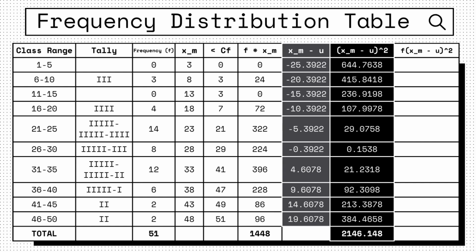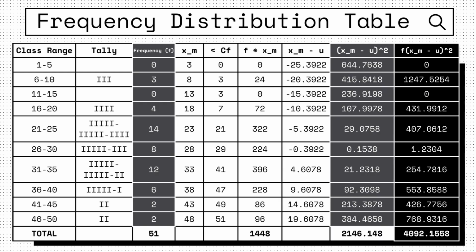For our ninth, we have 14.6078 squared, which is equal to 213.3878. And for our last class range, we have 19.6078 squared, which is equal to 384.4658, totaling a number of 2,146.148. For the ninth column, we will need to multiply the frequency by the x sub m minus mean squared.